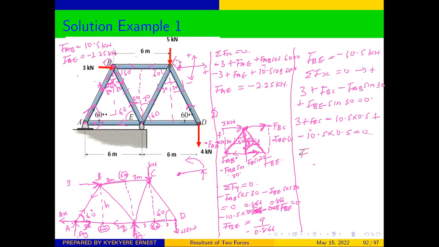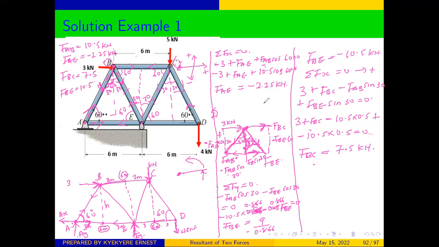And from there, our FBC will be equal to 7.5 kilonewtons. Now we have gotten the value of FBC equals 7.5, and then we have also gotten the value of FBE to be equal to 10.5.